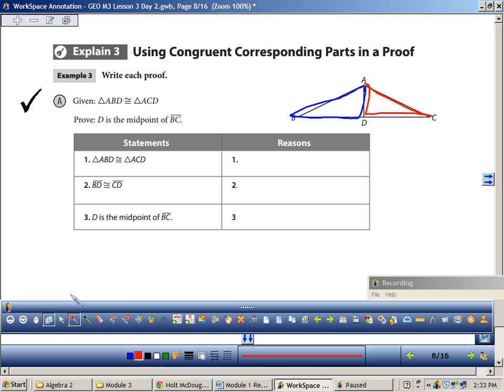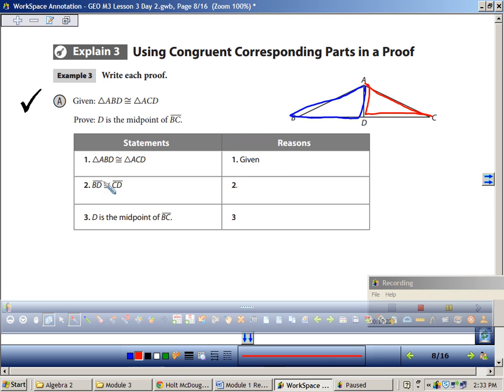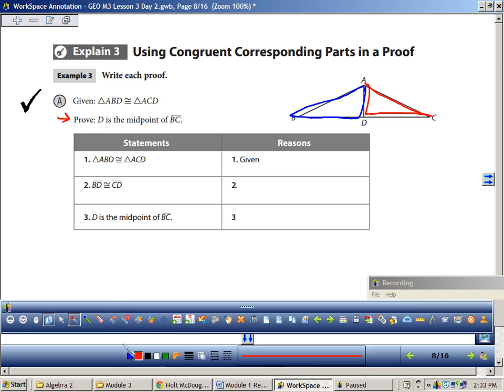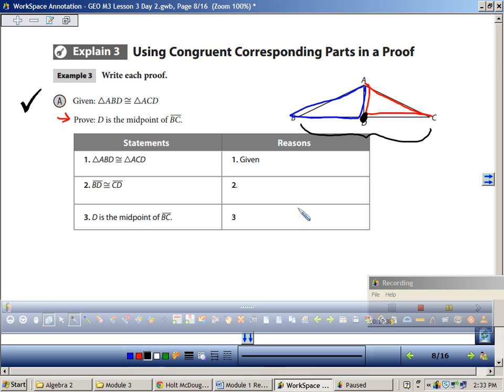All right. So my first statement is exactly what they gave me, and that's why we call it the given. Second statement, first of all, let's look at what we have to prove. We need to prove that D is the midpoint of BC. It wants me to prove that this point right here is the midpoint of this entire segment.